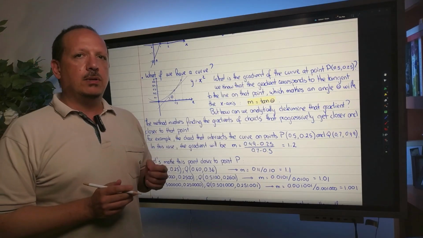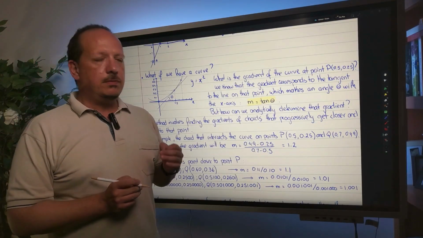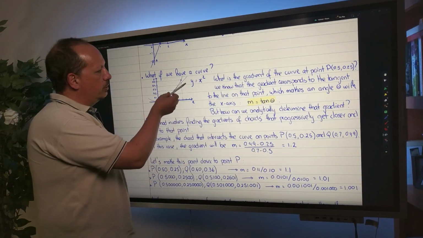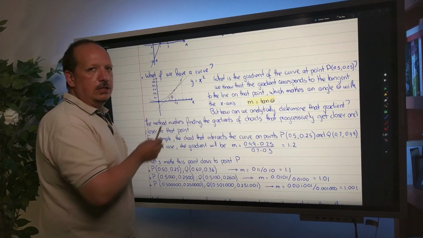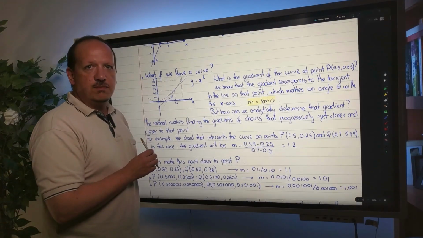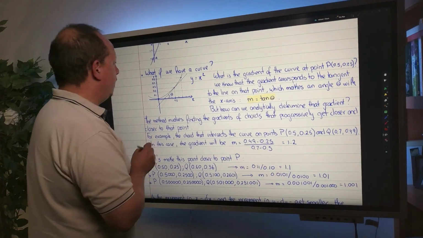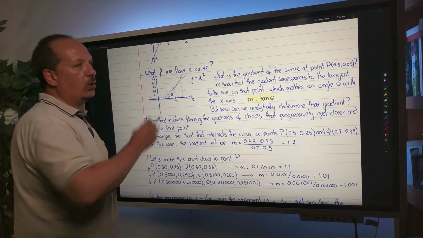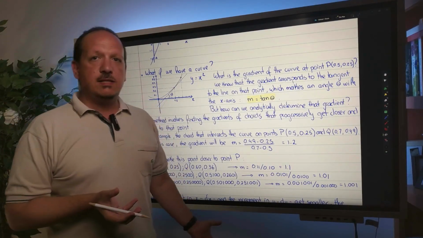But there is a problem with this method. And the problem is obviously that two different people would draw slightly different tangents, right? And that's assuming that you have access to the graph of the curve in the first place.